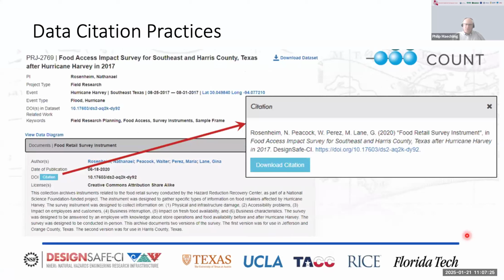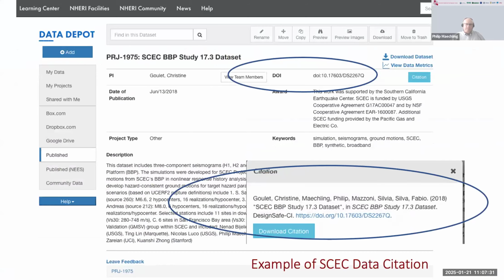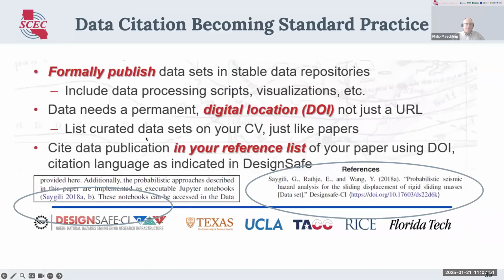This allows people to reference your data set in their publication. Here's an example where we've done that with a data set on DesignSafe. We have a collection of ground motion simulations, and we've got a DOI. So anyone that uses this can reference our work and in some sense credit us.